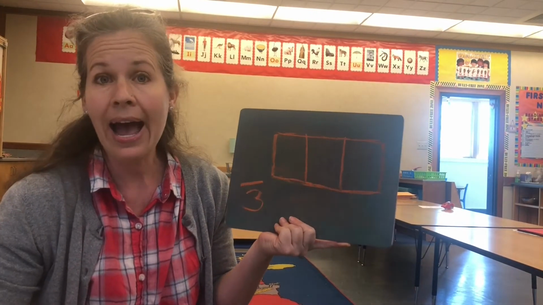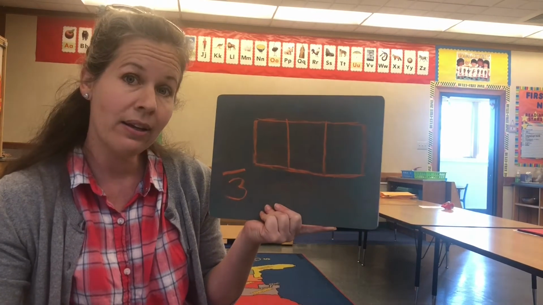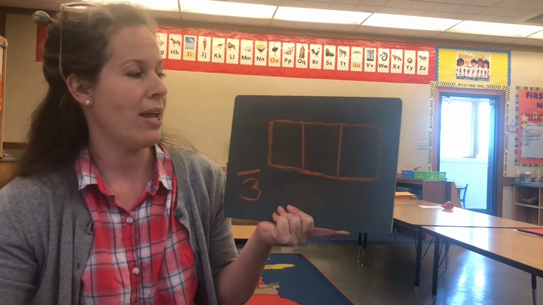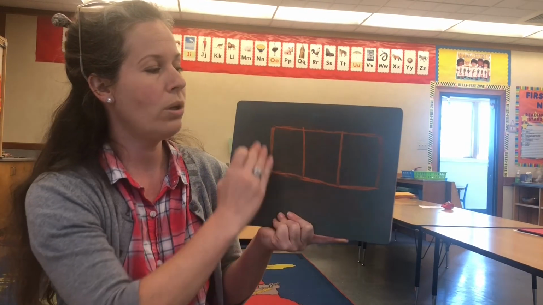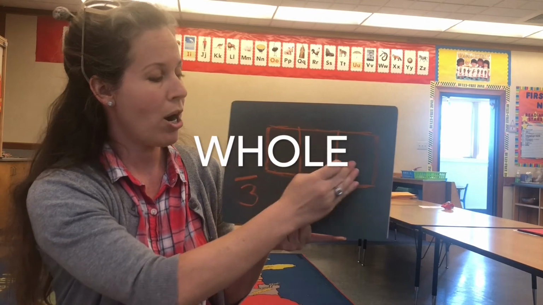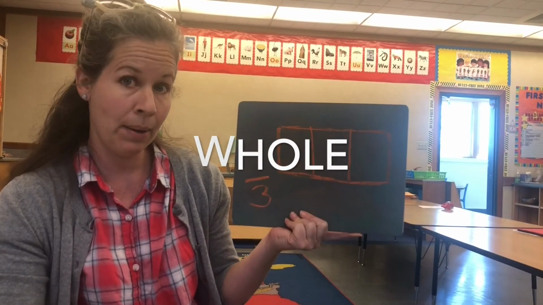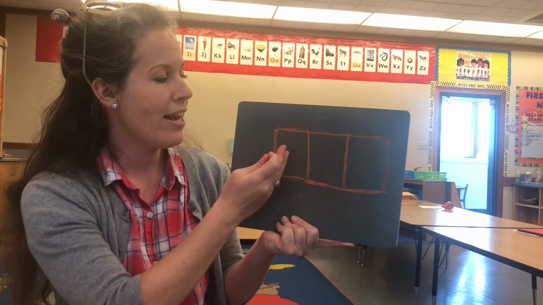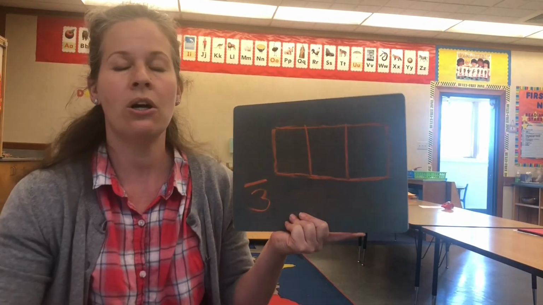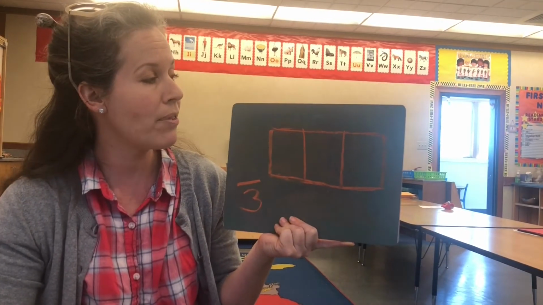Now, depending on how many I shaded would tell me the amount that I'm giving away. So this is the whole right here, and these are the parts which we put on the bottom. And then if I choose a couple of the parts, that would go on top, the numerator.